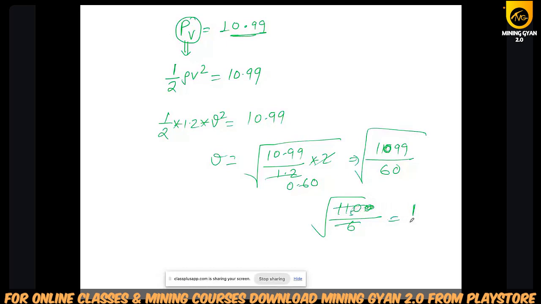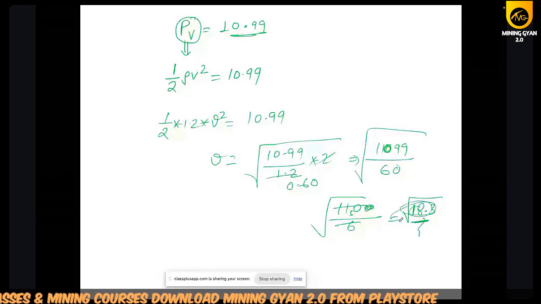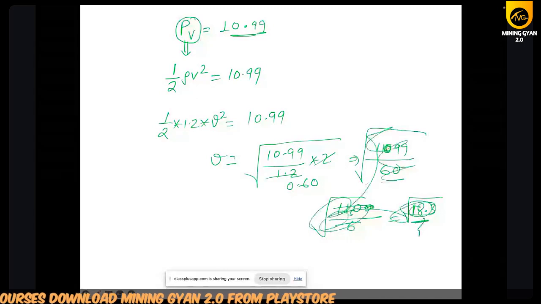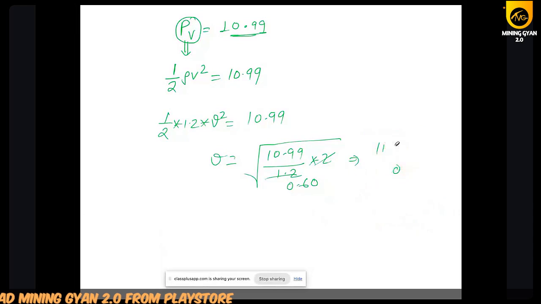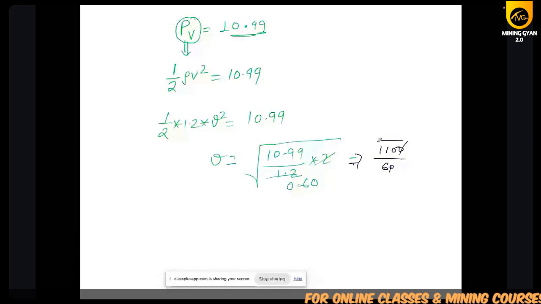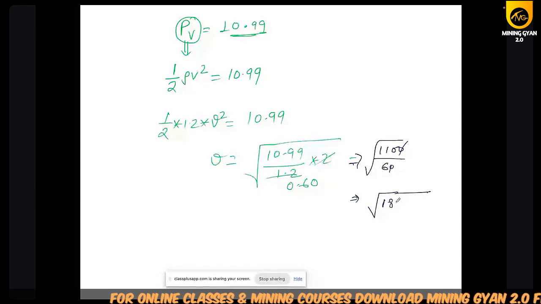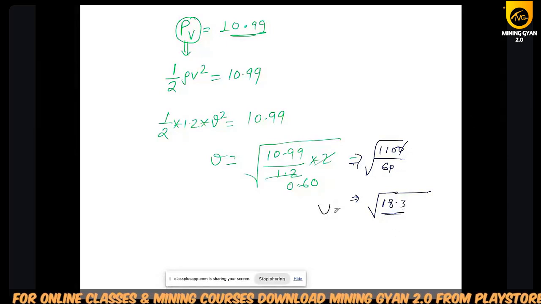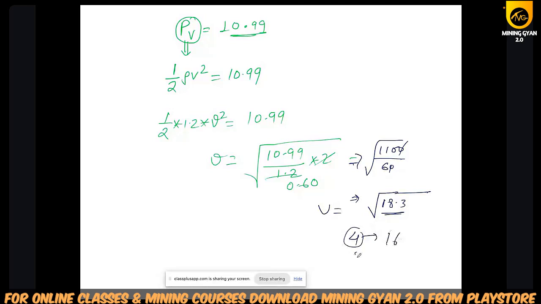छः कम छः, छः सात में 48. सो ये आएगा लगभग, कैलकुलेटर यूज कर लो यार. क्योंकि अगर हम करेंगे ना, करके देखें क्या. छः कम छः, छः पंजे छः, सातवें छः अठ 48, 48 दो छः 18, लगभग 18.3. सो अगर हम देखें तो ये आएगा 4 चौक 16, 5 में 25.